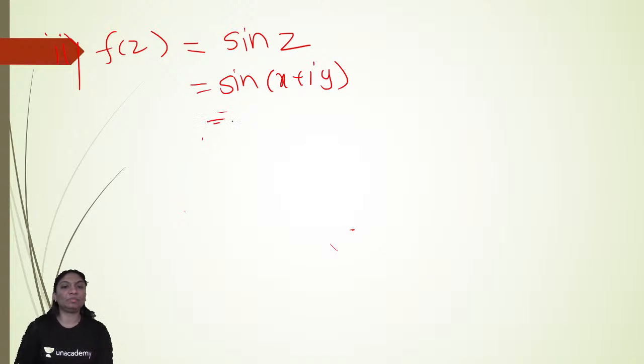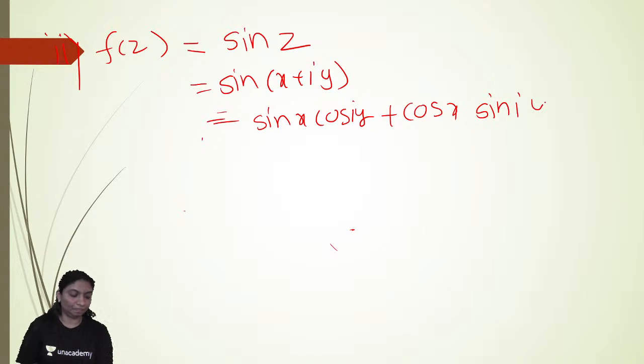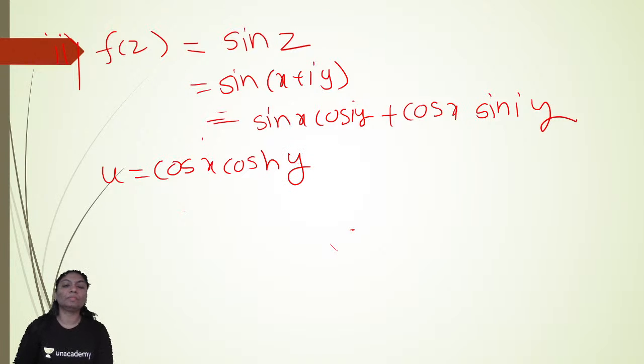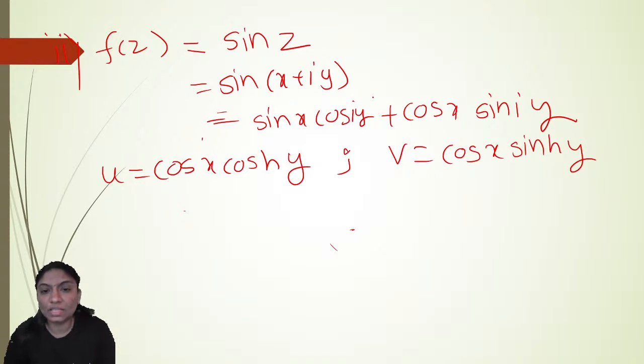But sin(a + b) is sin a cos b plus cos a sin b, right? So here your u is equal to sin x cos hy, and v is equal to cos x sin hy. Here cos iy is equal to cosh y, and sin iy is equal to i sinh y. So u is equal to this, v is equal to this.